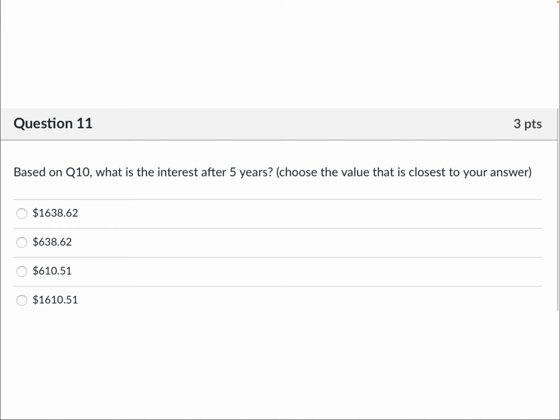Or another option is you can use the formula of compound interest. What I used is the formula of compound interest, which is I equals P times (1 plus i) to the power of n, minus P.